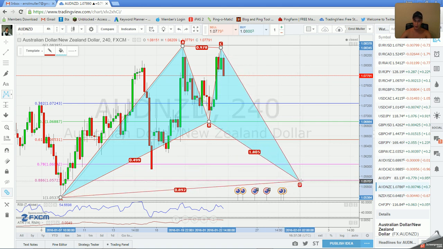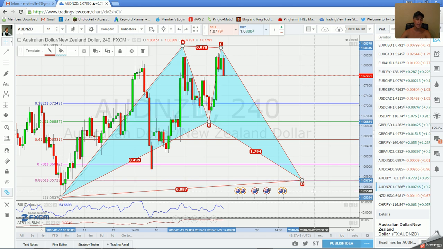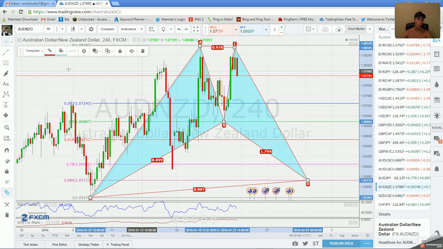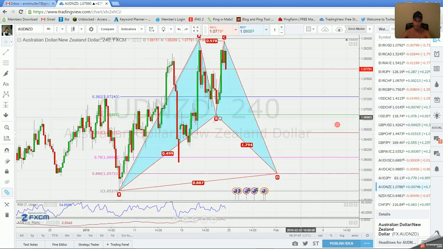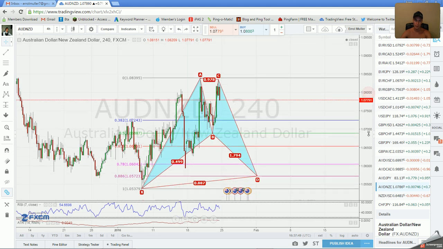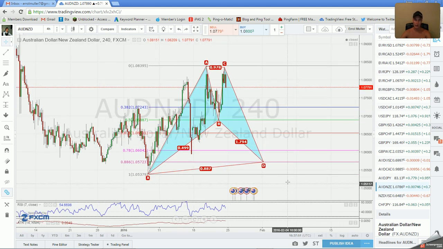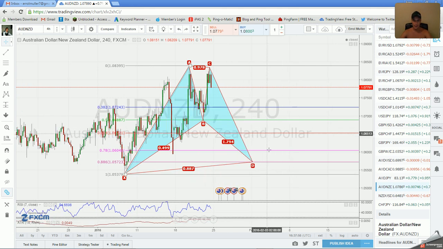And then we're looking for a D-leg completion right at the 886% retracement. So that's the bat pattern that I'm looking at on AUDNZD 4-hour time frame. If I scrunch it up a little bit for you, that's what it will look like. And also a nice risk to reward profile here.